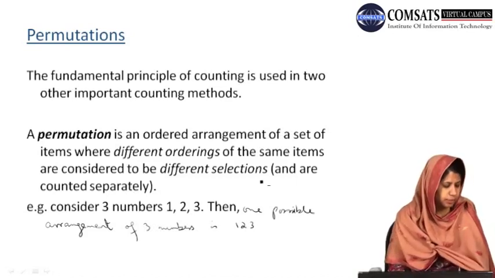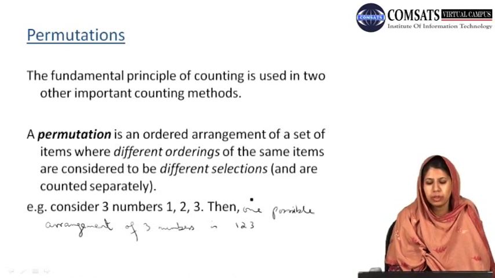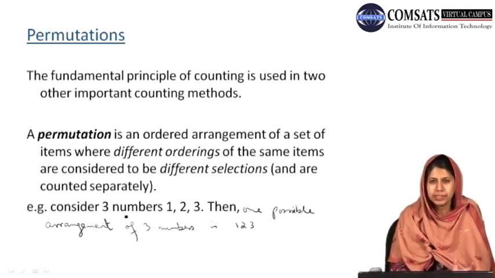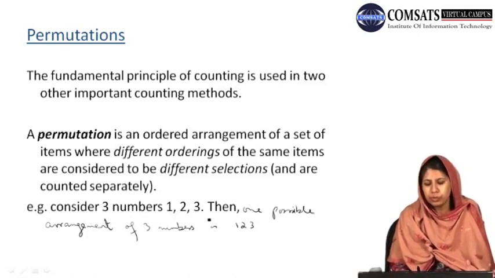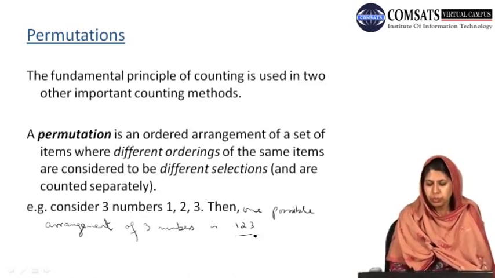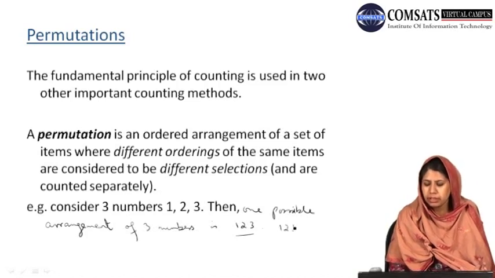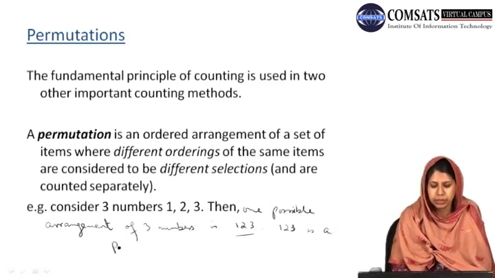Okay, so permutation says that it is an ordered arrangement of a set of items. We have a set having three items, three numbers 1, 2 and 3, and we want to find a permutation, that is just arranging our items. So 1, 2, 3 is basically an ordered arrangement from a given set of items. So 1, 2, 3 is a permutation.